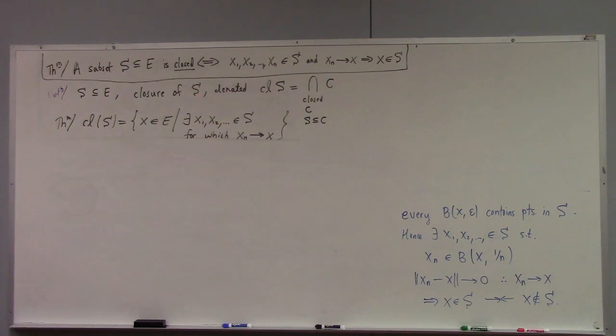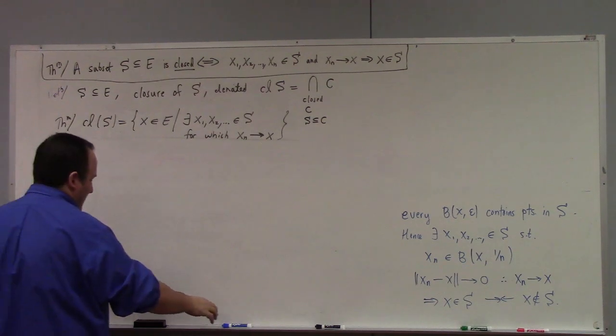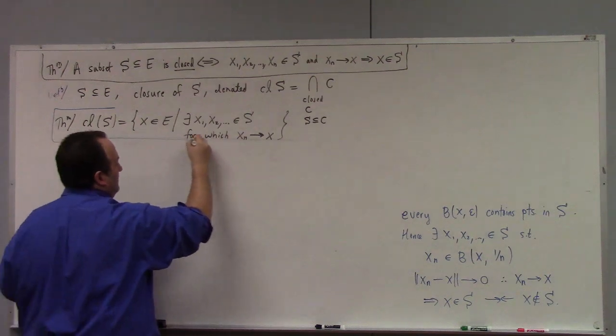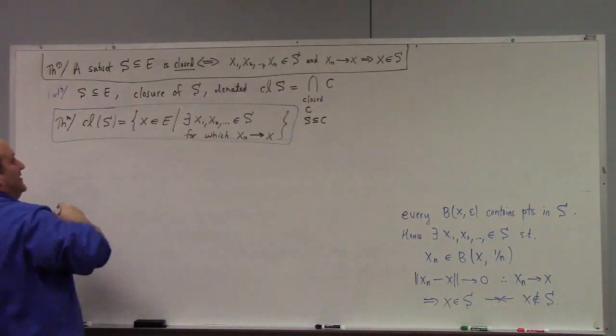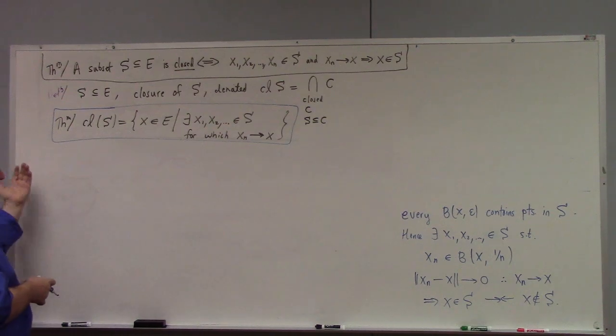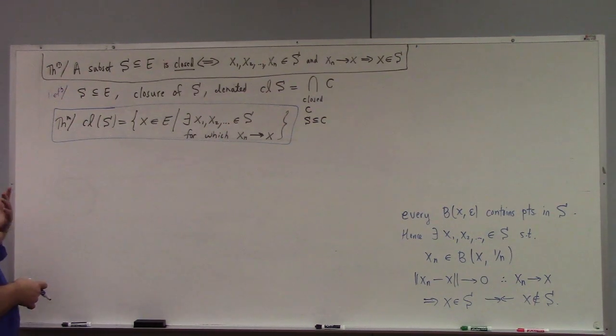The proof is left as an exercise. Man, these exercise proofs are really saving me a lot of time. I'm very thankful for them. But this is, I think, a little bit less intimidating. The intersection of all closed sets which contain a given set, that's kind of hard. But if you just think of it as the set of all limit points of convergent sequences, okay, that's the closure.